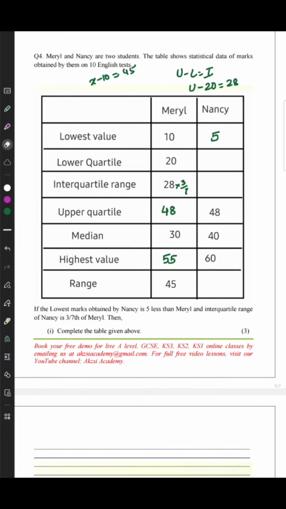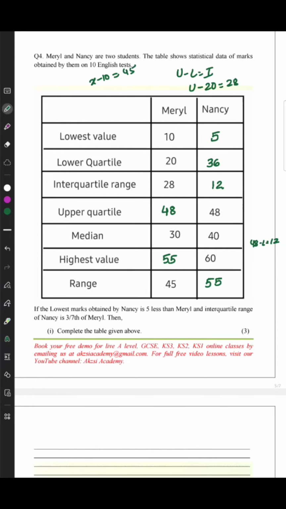That means the interquartile range of Nancy is 12. We can easily calculate the range, highest value minus lowest value. So 60 minus 5 is 55. That's the range. And for the lower quartile, upper quartile 48 minus lower quartile equals interquartile range, which is 12. So from here the lower quartile will be 36.